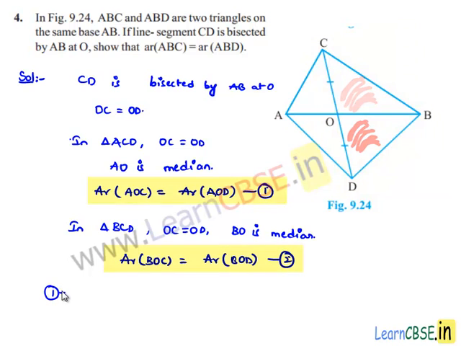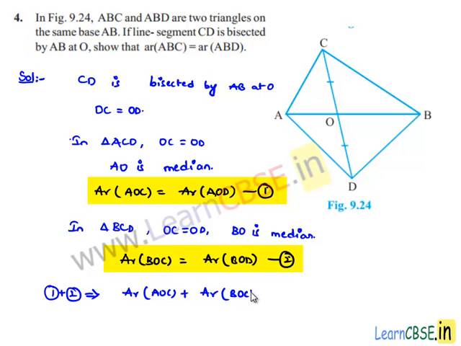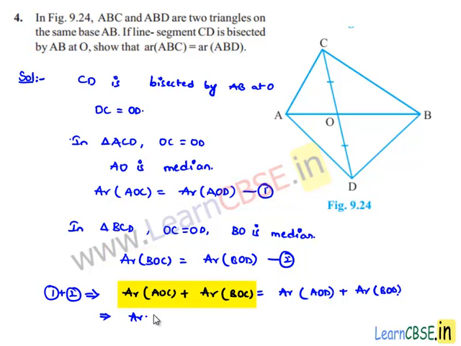Now let us add both the equations, that is equation 1 plus 2, which implies area of triangle AOC plus area of triangle BOC is equal to area of triangle AOD plus area of triangle BOD. Here the area of triangle AOC, this is the shaded region, and area of triangle BOC, which is the other shaded region, together equal the total area covered under ABC.